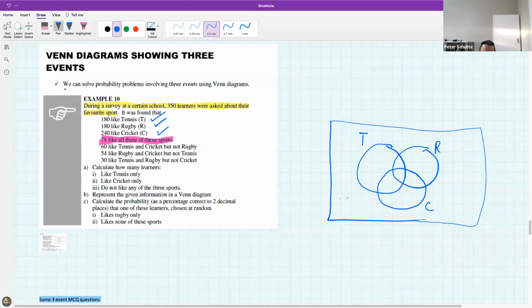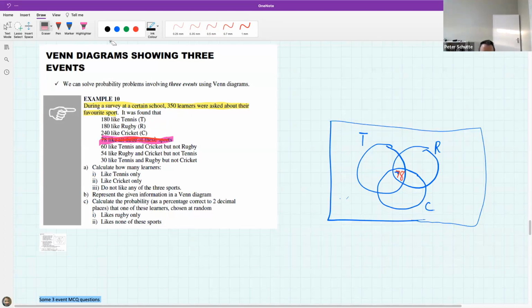Okay, now, it says that 78 like all 3 of these sports. So the 78 is going to go right in the middle, and I'm going to put it over here. So this I'm going to cross out because I've used it already.